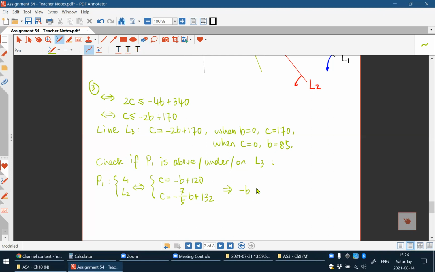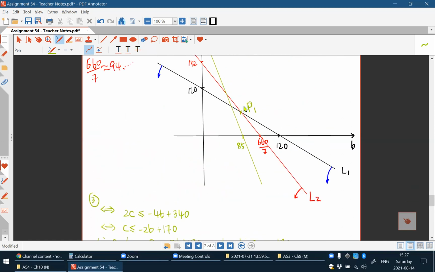This gives us minus B plus 120 equals minus 7 over 5 B plus 132, right? And this gives us 2 over 5 B equals 12, which means B equals 30. And if we put B equals 30 into one of the original equations, we can easily solve that C is 90, right? Okay, so let's make a note.